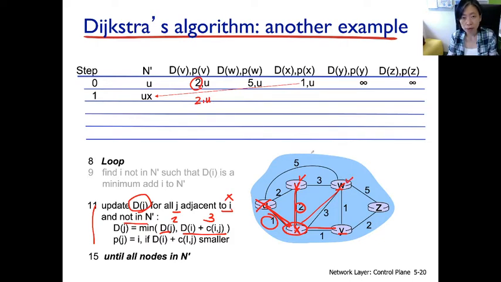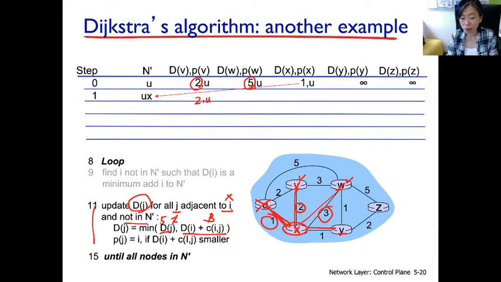Second neighbor here, second j is W. The original D(W) is 5. So 5 here. So these are the old ones for V. What about D(i) plus c(i,j)? D(i) is still 1, and c(i,j) is 3 this time.